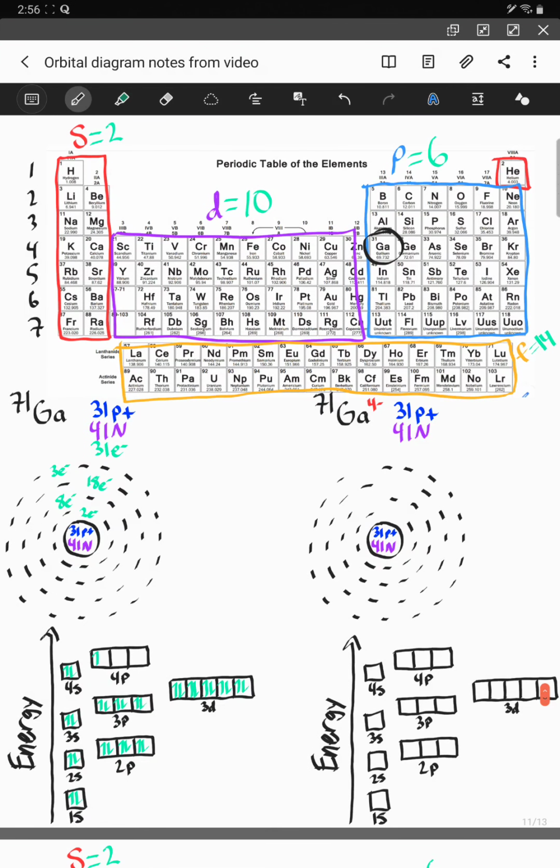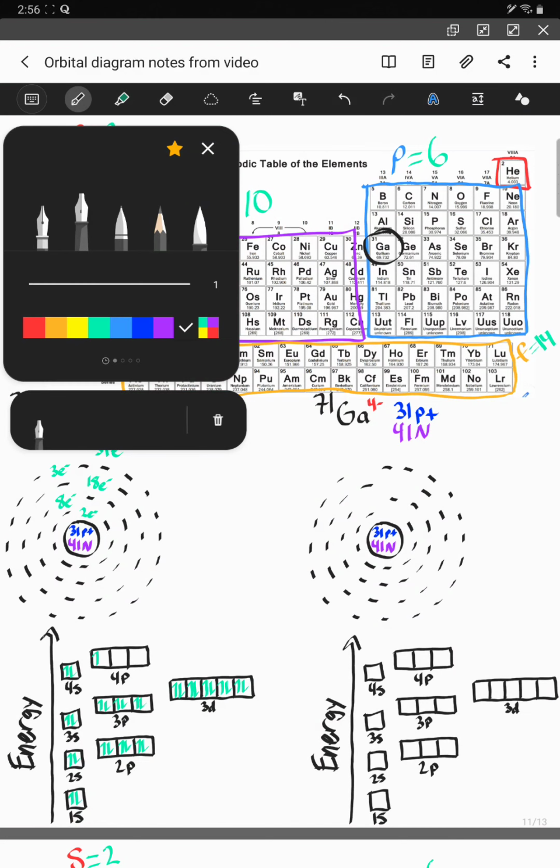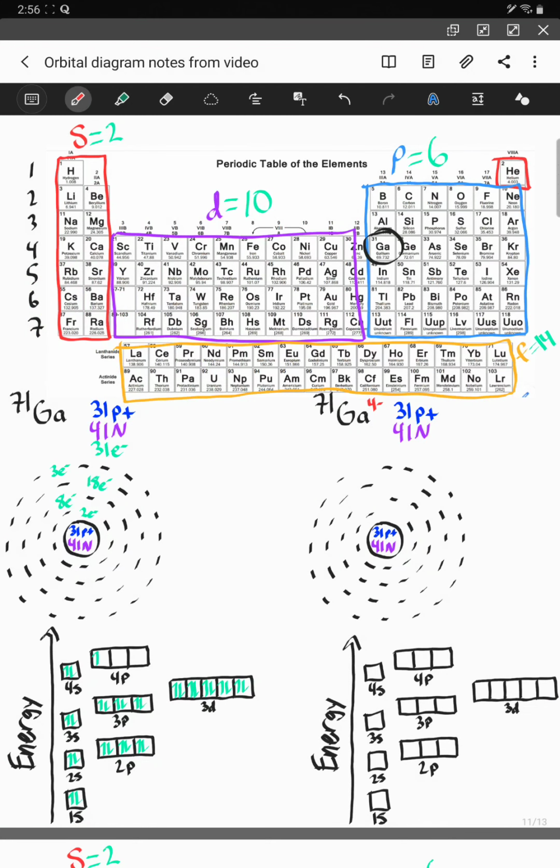So gallium with a -4 charge, all you're going to end up doing, like I said before, is fill in 4 more electrons. So 1, 2, 3, 4. That's what it's going to look like, except I'm going to redraw it all over here on the right.